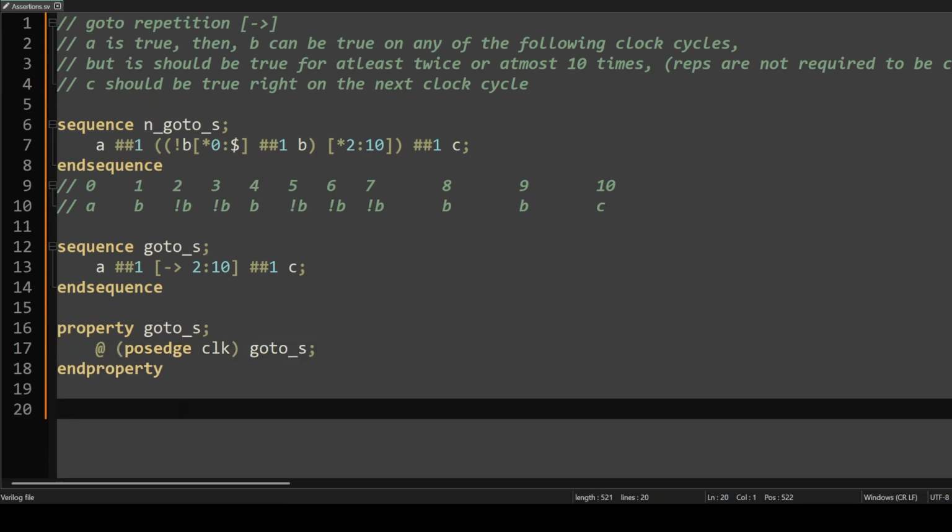Finally, let's assert this property using the concurrent assertion statement, and let's write a label.